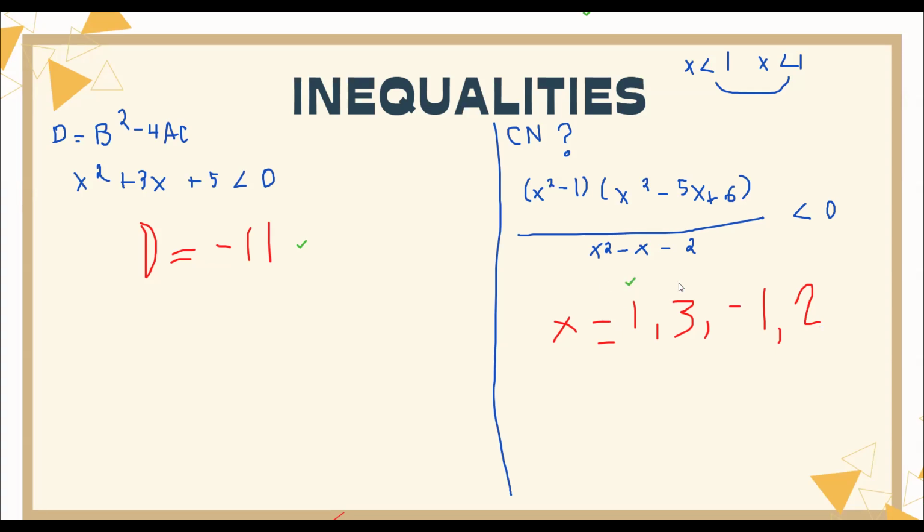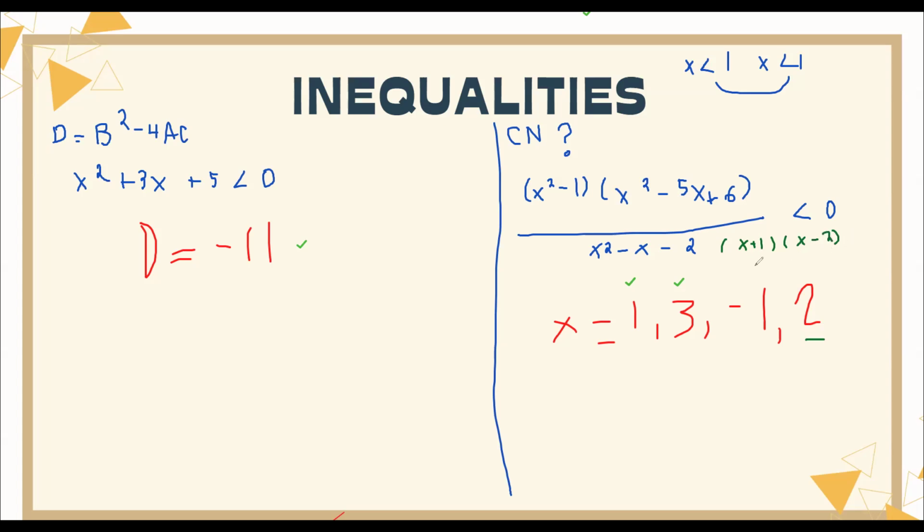Okay, so we have 1 and 3. Now, if you remember from the previous example, we have to exclude 2, right? Because our factors for the denominator are x plus 1 and x minus 2.